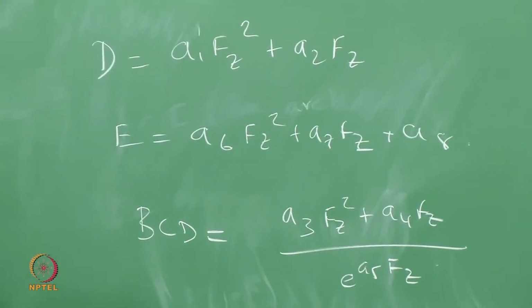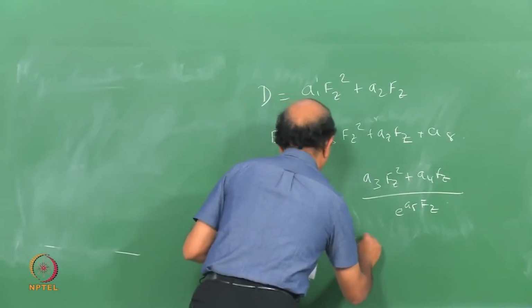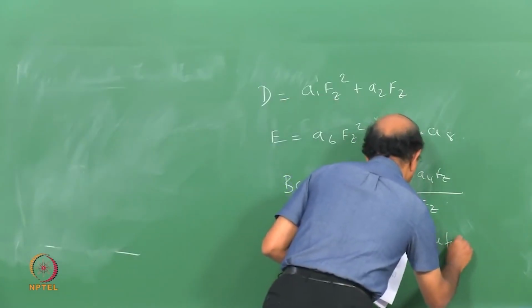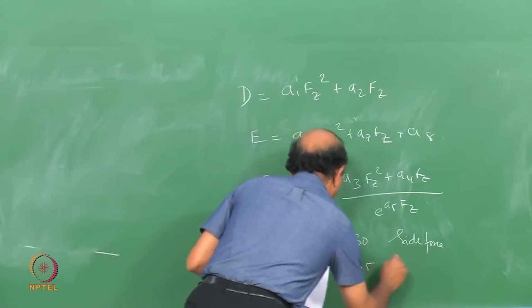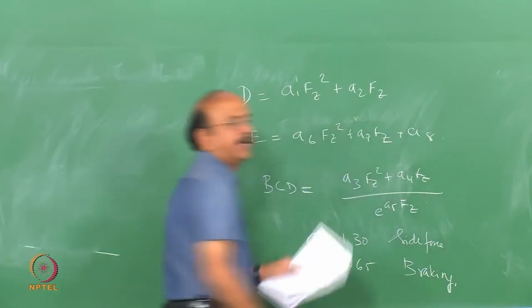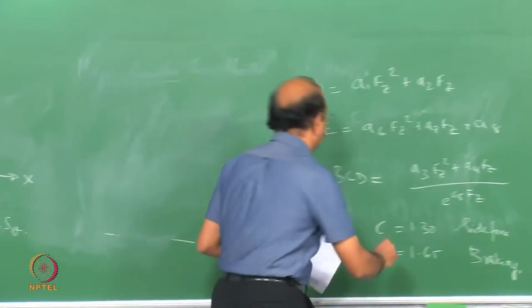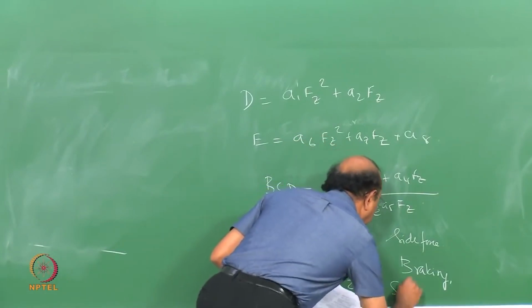And C, these are the initial curves, later models have changed the C, but let's stick to this first model. C is equal to 1.3 for the side force, and is equal to 1.65 for braking and acceleration, being symmetric, and is equal to 2.4 for self-aligning torque.